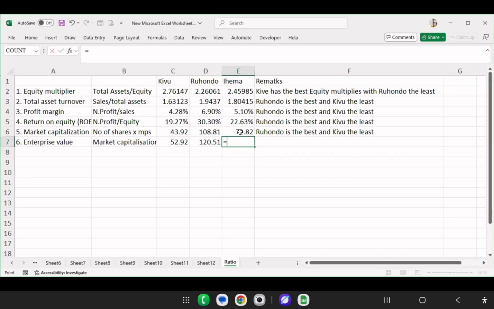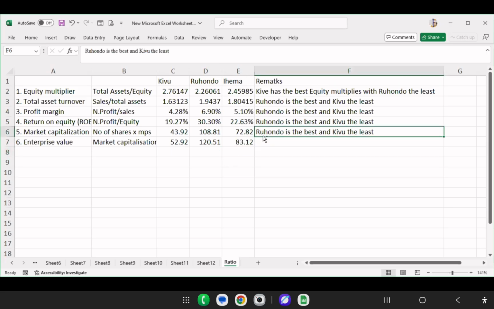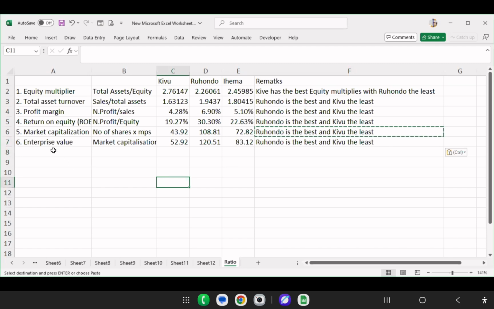Then you go to this other one, you add 11.4, minus 1.1. So again, Ruhondo is the best, Kivu is the least. So they got a certain pattern. Number 7.